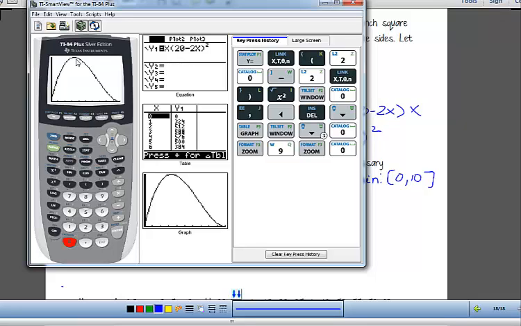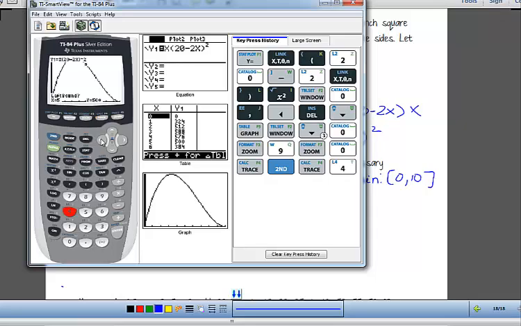So one way that I can do that on the calculator is to go to trace. So my little cursor is now on my curve. And then I'm going to do second and hit the trace button again. We want to do some calculations. And number 4 is maximum.